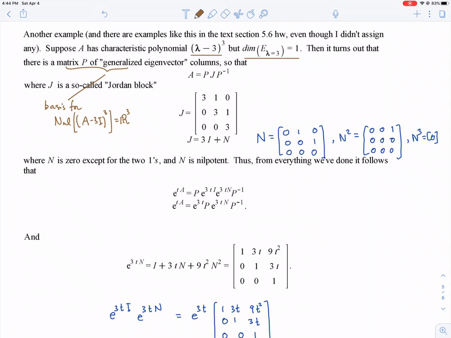Okay, and the way Jordan blocks always look is that they're the eigenvalue times the identity matrix plus a matrix N, which is 0 except for its ones along what they call the superdiagonal, so one above the diagonal. And in this example, N is the matrix which has zeros everywhere except it keeps the two ones.